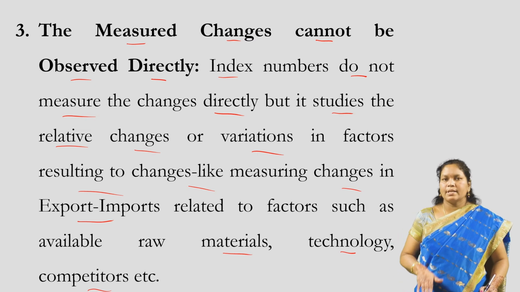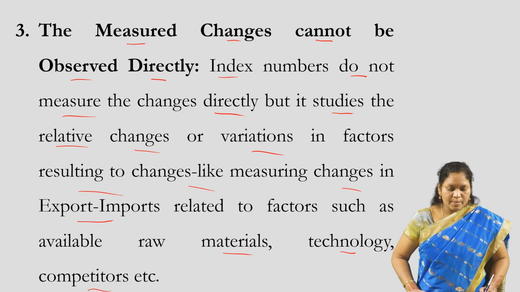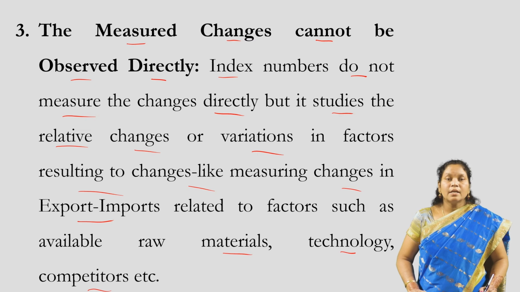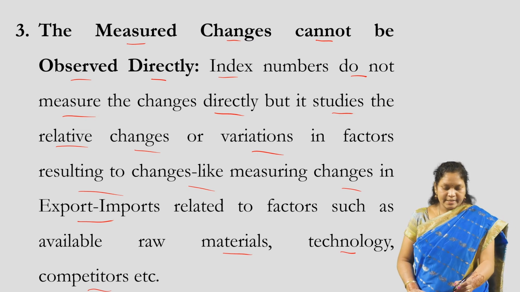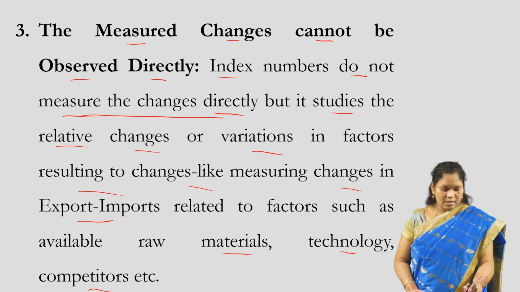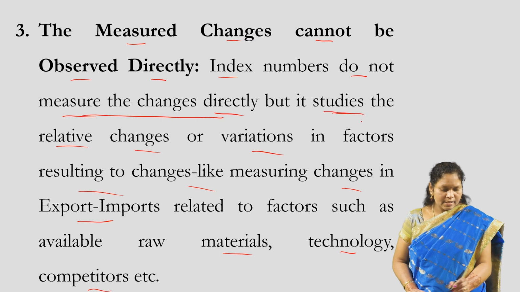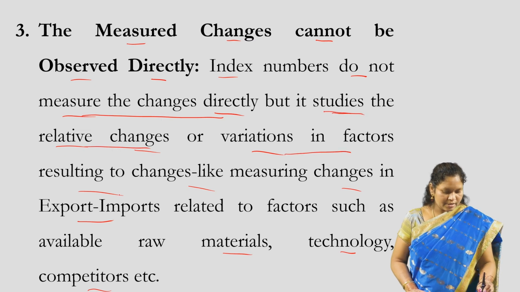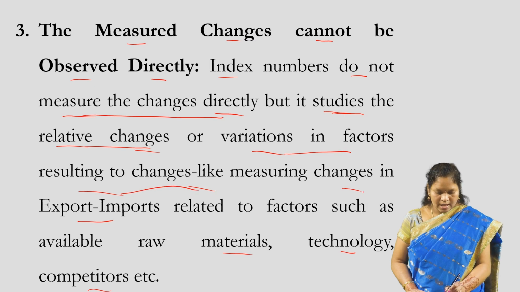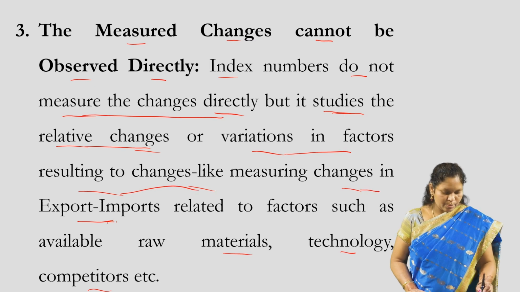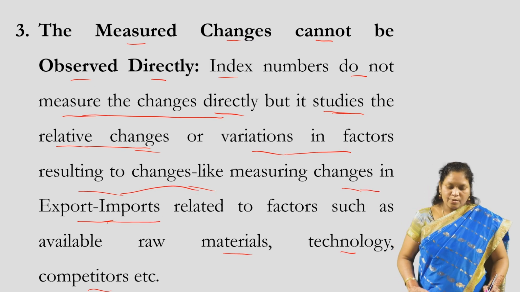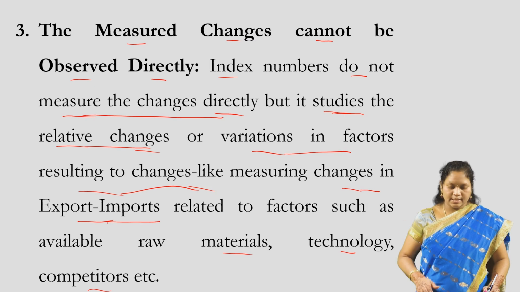The third point, let us discuss now. Measured changes cannot be observed directly. Index numbers do not measure the changes directly, but they study the relative changes or variations in factors resulting in the changes, like measuring changes in exports, imports. So directly we will not consider the changes.